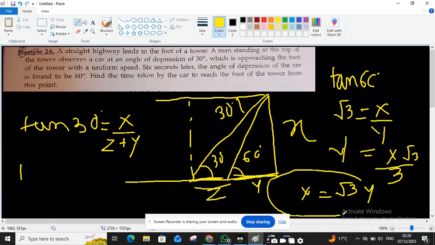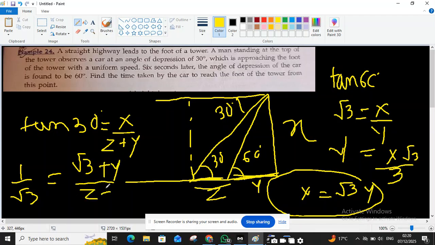Tan 30 is 1 by root 3, and my x is root 3 into y, and my z I need to find. Let me write z, and this is y. I'll be clearing off the space. Just remember these values, okay, guys.